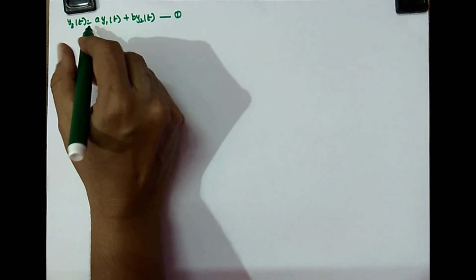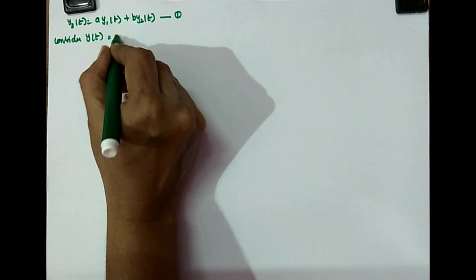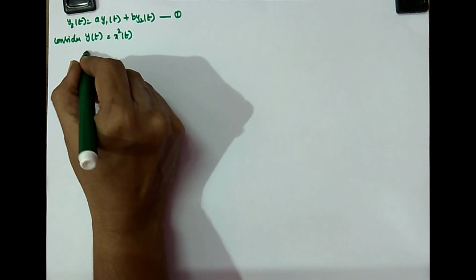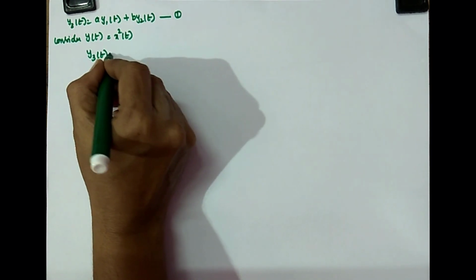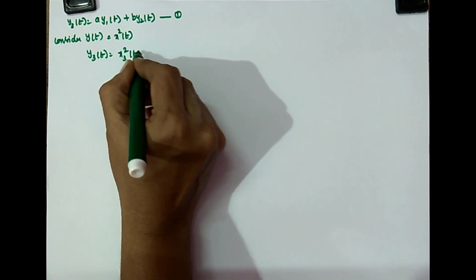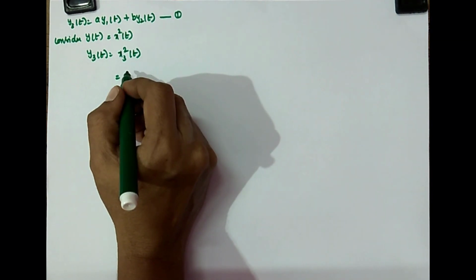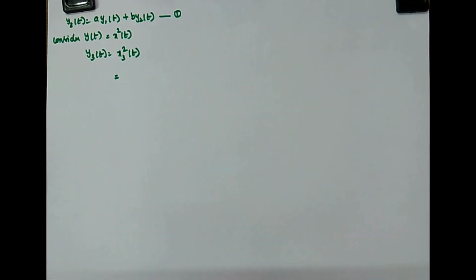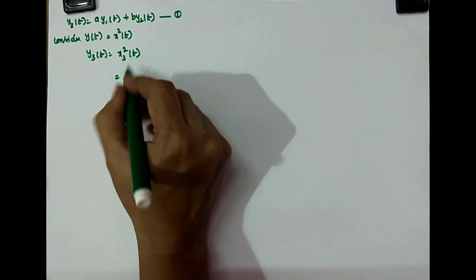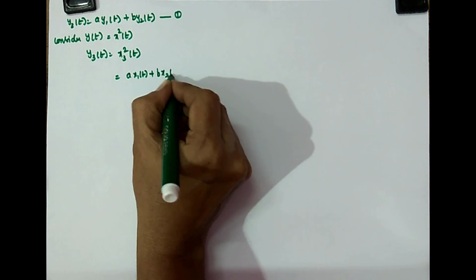Now again consider your given system expression. Consider y of t equal to x square of t. Now write y3 of t, which is nothing but x3 square of t. Now in the place of x3 of t, substitute a into x1 of t plus b into x2 of t.